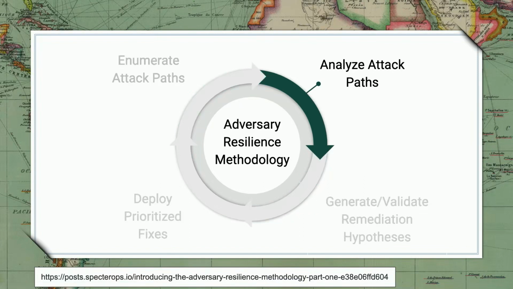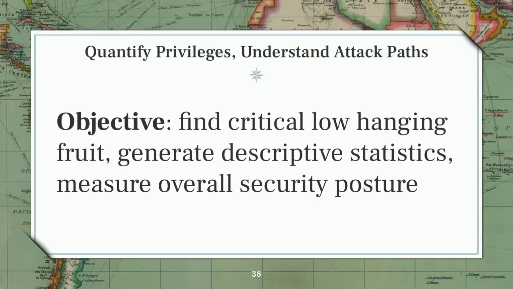We're going to focus here initially on analyzing these attack paths that BloodHound shows us. So our objective here, we want to find critical low-hanging fruit. We want to generate basic descriptive statistics and measure our overall security posture in Active Directory based on these misconfigurations and user behaviors.